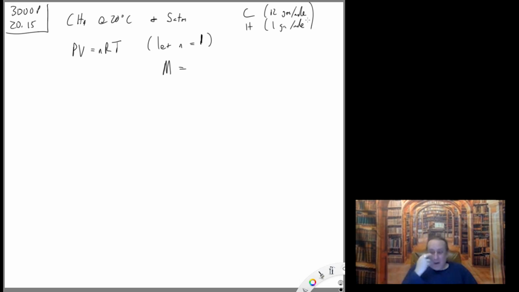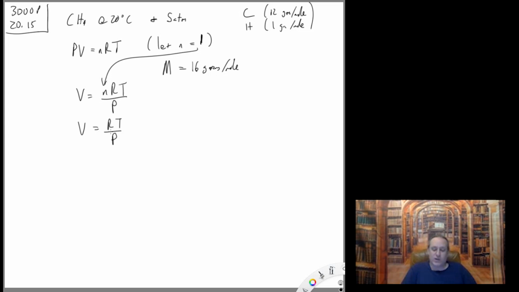So altogether, we've got 1 carbon and 4 hydrogens. So that's 12 plus 4, 16 grams per mole. Okay, so if we say that we have 1 mole, our volume is nRT over P. We can put in 1 mole, and the volume of 1 mole is just going to be RT over the pressure.